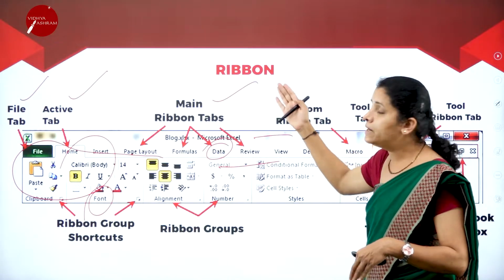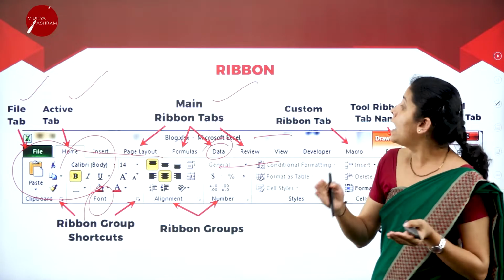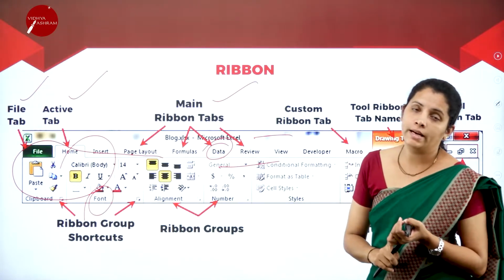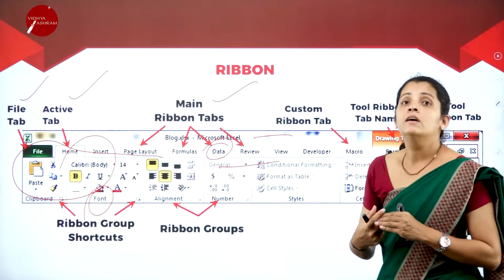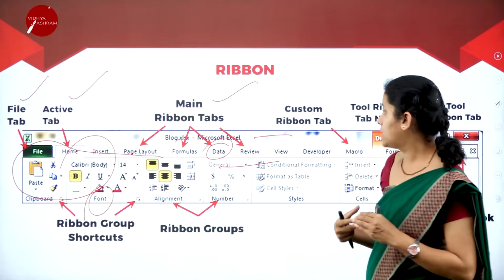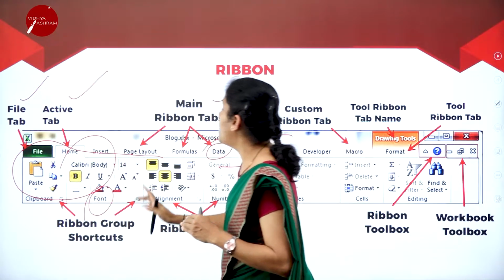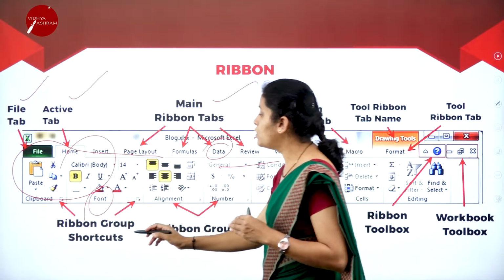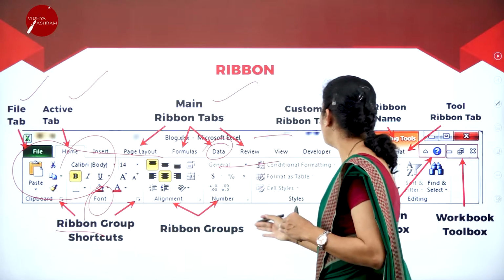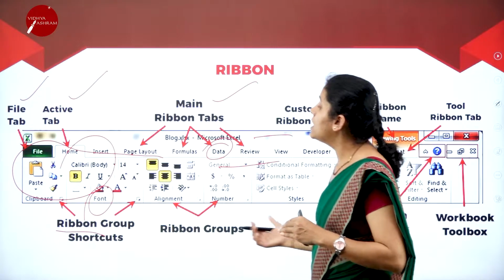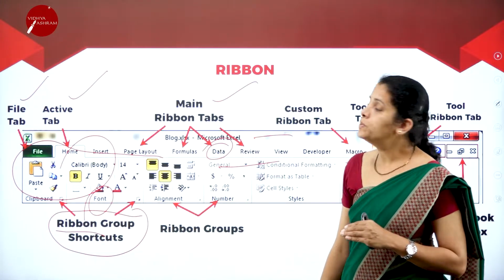In the ribbon, at the beginning, I'm always going to have the tab, and under the tab, I'm going to get the group. So what is a group? It is nothing but the related organized commands. That means, see here, under home, I'm going to have font, clipboard, alignment, number, style, etc. These are the groups, that is the ribbon group shortcut.